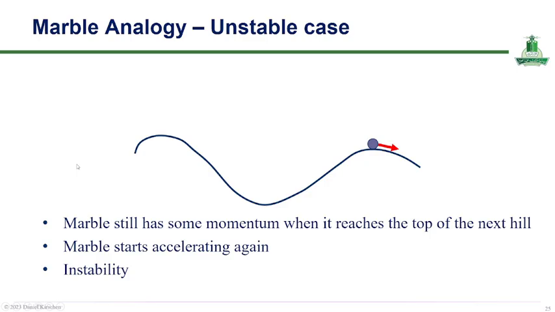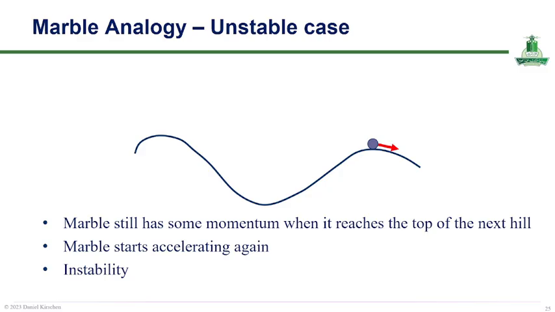Okay, this slide demonstrates the unstable case using the marble analogy again. Here, the marble reaches the top of the hill with remaining momentum. So instead of stopping, it continues moving and begins to accelerate again as it descends on the other side.